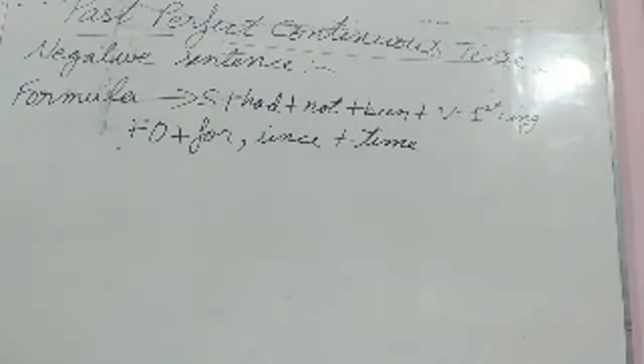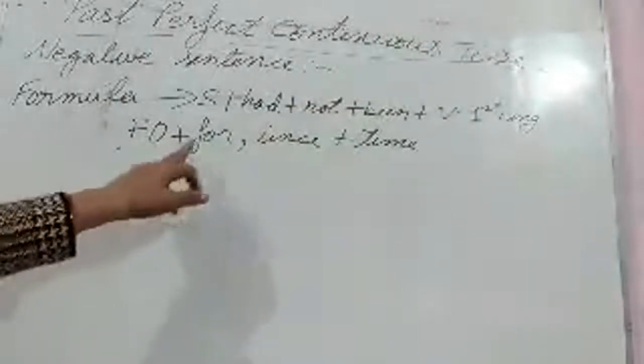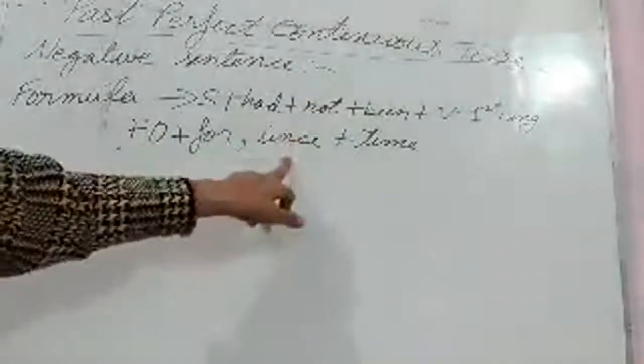The formula for the negative sentence in past perfect continuous tense: subject plus had plus not plus been plus verb of first form ing plus object plus for or since, okay, plus time.